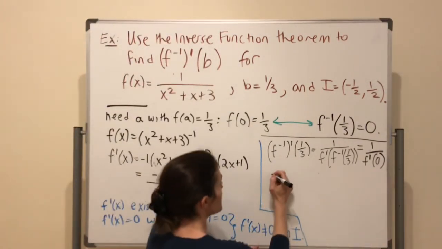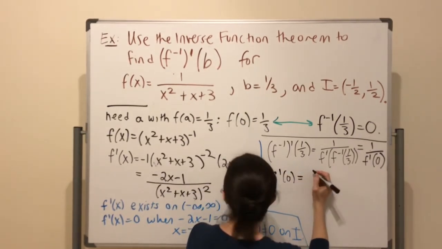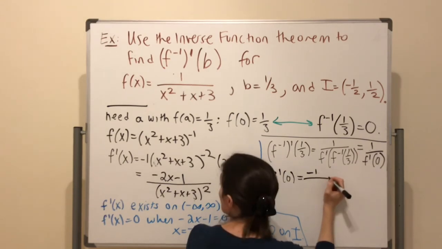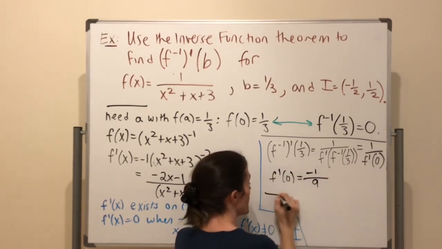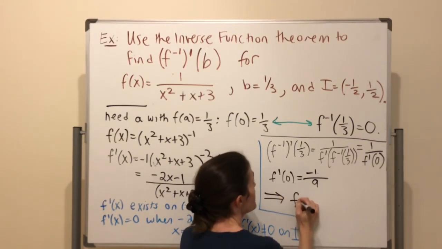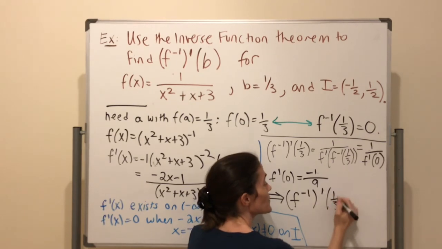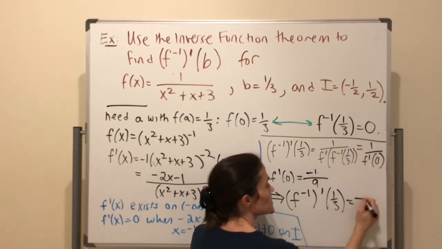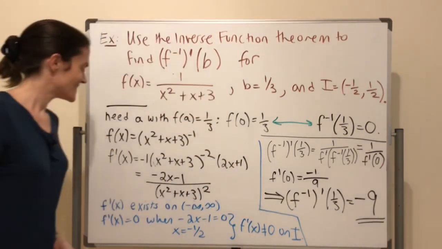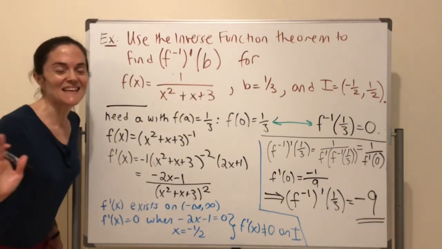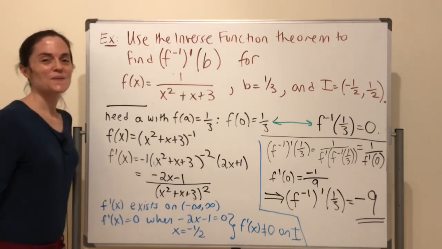So maybe I'll do that underneath. f prime of 0 equals negative 1 over 9. And this gives f inverse prime of 1/3 is 1 over this, which is negative 9. So this is the inverse function theorem in action for this problem.